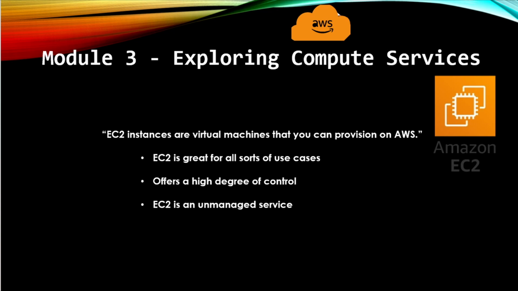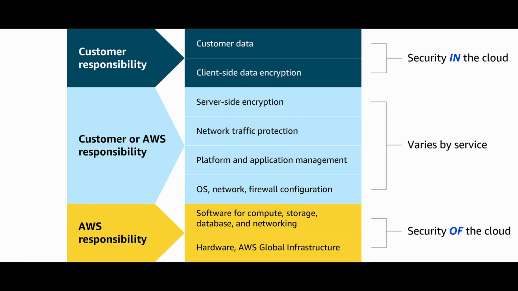EC2 is an unmanaged service, meaning you have control over tasks like patching, scaling, and managing the operating system, while AWS manages the underlying infrastructure. Think back to the shared responsibility model, where AWS is responsible for the security of the cloud and you are responsible for security in the cloud.